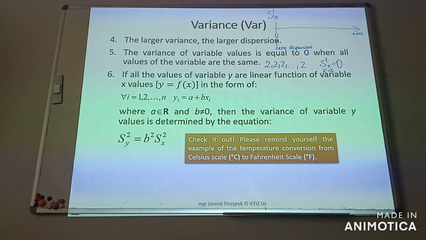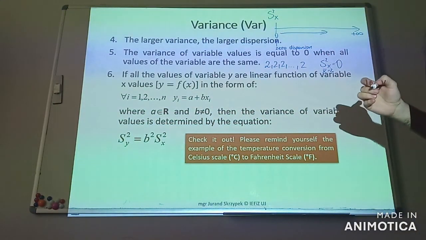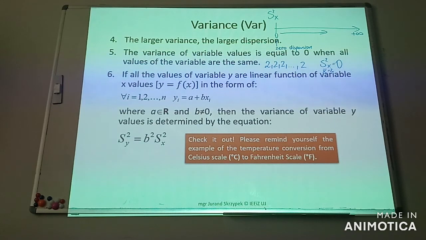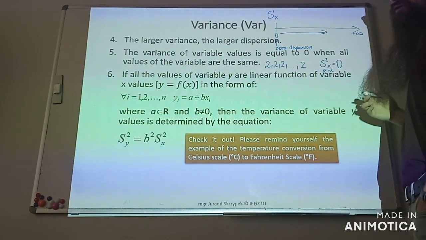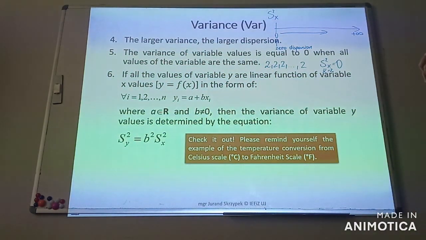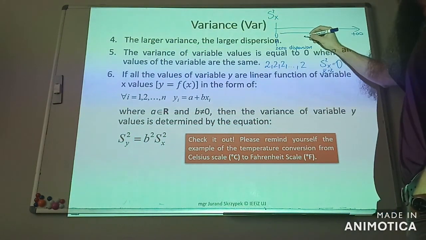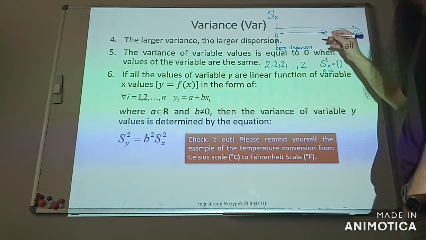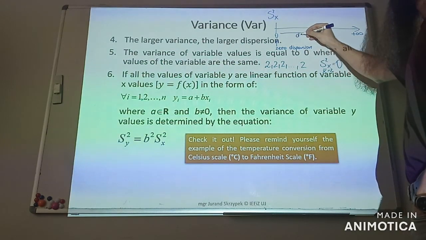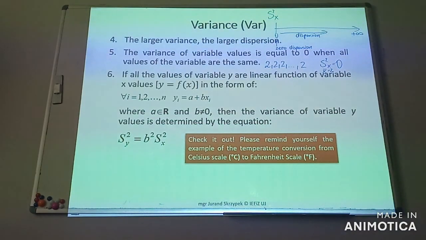And now, when we move away from 0 to the right side, we increase the differentiation, we increase the variability of the data set. So here the differentiation increases, the dispersion rises.